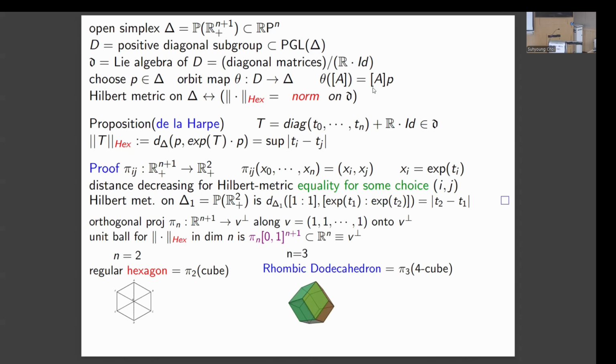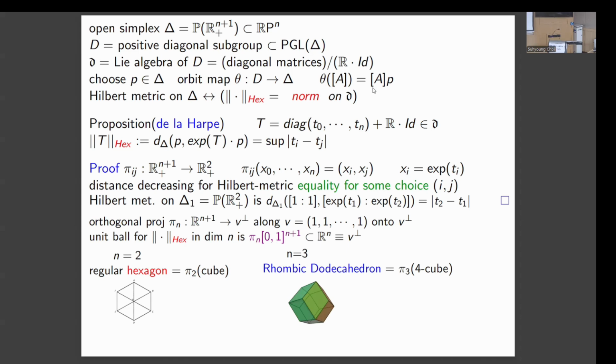And this norm is a very nice, pleasant norm. This vector space is a real vector space of dimension n-1. So take some diagonal matrix up to adding a multiple of the identity matrix, that's some matrix T. If I exponentiate T, I get a point in this group.